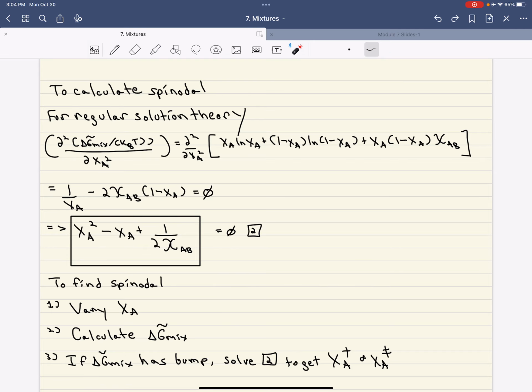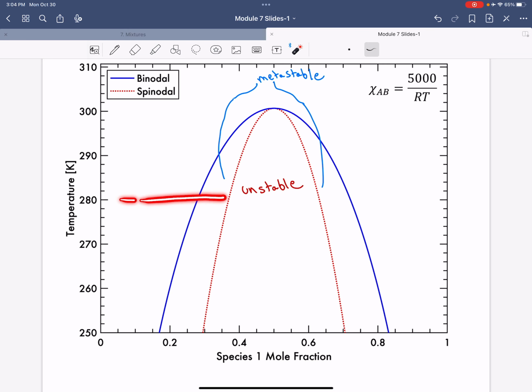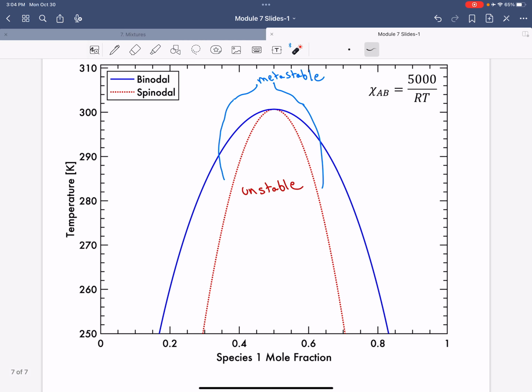By solving this equation, you would do it at all the different temperatures. Solving that equation, you get the two spinodal compositions. Then you just repeatedly solve that equation for all the temperatures that fall below the critical point temperature. Okay?